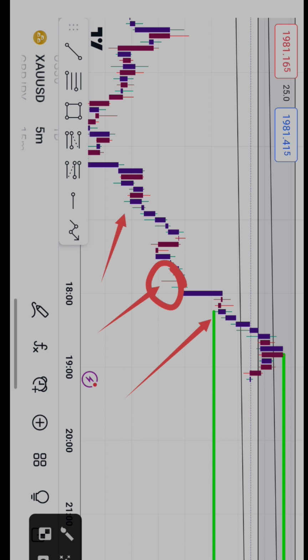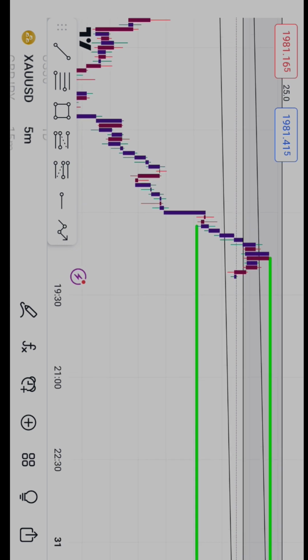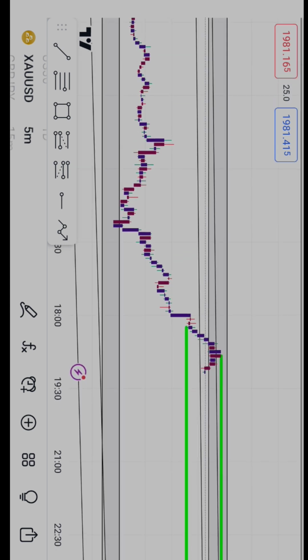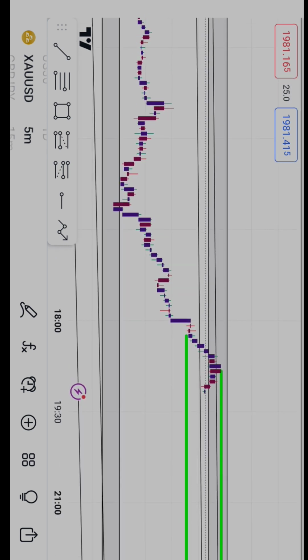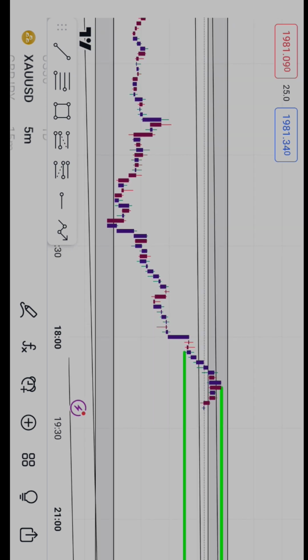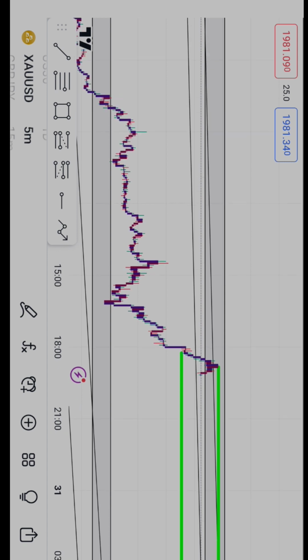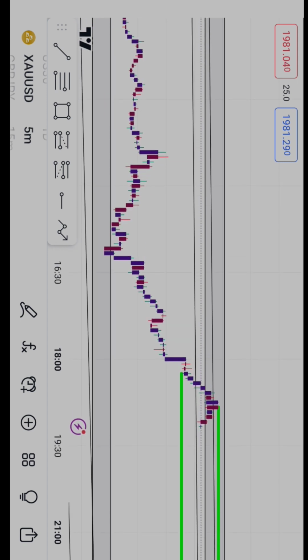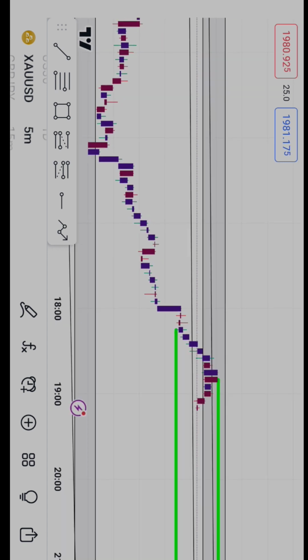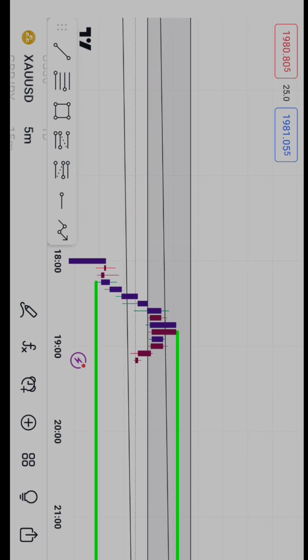You get? So it is a trend. If I were to go on the 1 minute time frame, this trend would, I don't want to say perfect, but it would look like a trend. Now it just looks like a leg that's going up. But if I were to go on the 1 minute, then it would look like a trend.